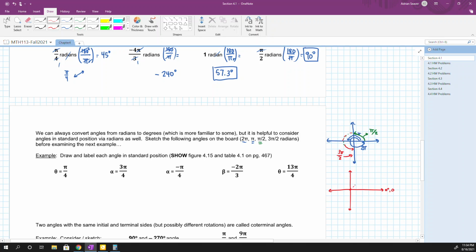So if I take half of pi over 2, pi over 2 divided by 2 is the same as pi over 2 times 1/2, the reciprocal of the bottom. So you're going to get pi over 4. That's what your pi over 4 radian angle would look like.